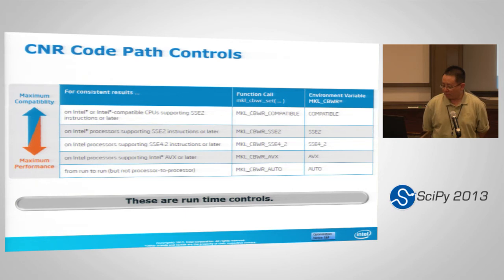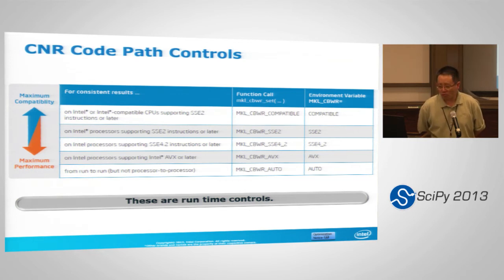Okay? And let's take a close look at those controls. If you are a performance-oriented person, you should read this table upward, from the bottom. The bottom control is called auto. If you set that environment variable to auto, it guarantees you run-to-run reproducibility. So on a single system, from run to run, you get bitwise reproducibility. Then going upward, let's say today you have a newer AVX machine, but you want to be reproducible with an SSE 4.2 machine.